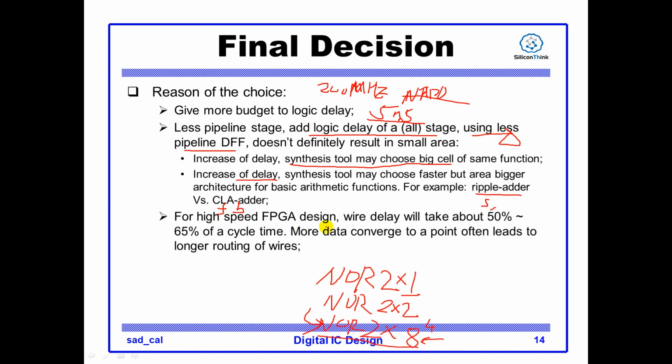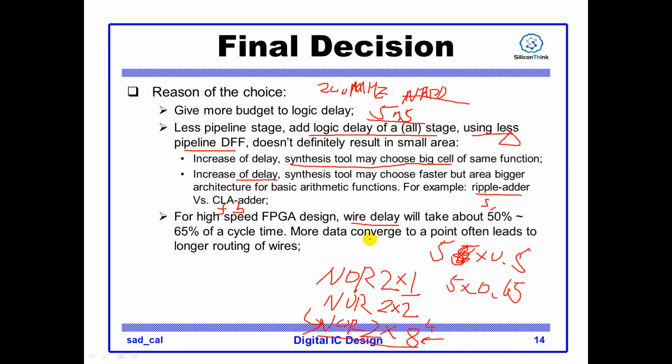Okay, and for high-speed FPGA designs, the wire delay will usually take about 50% to 64% of cycle time. So the wire delay may be in that range. This is a big part of the cycle time, so you have to take care of that.